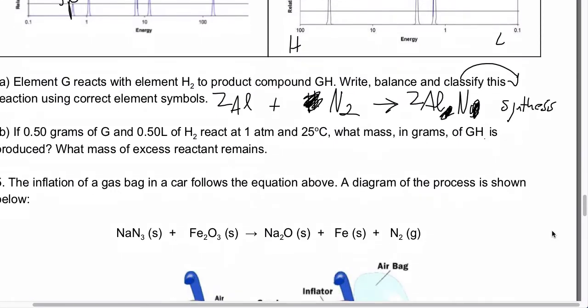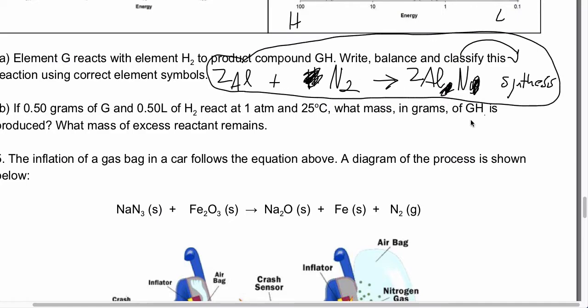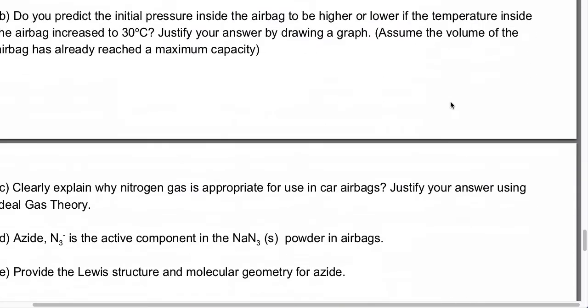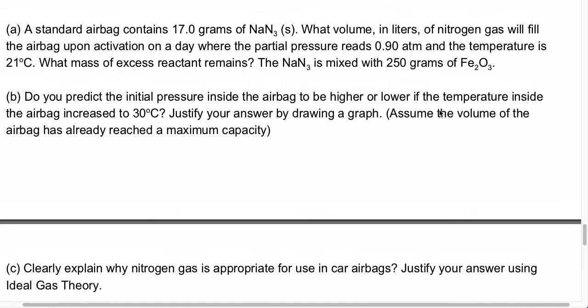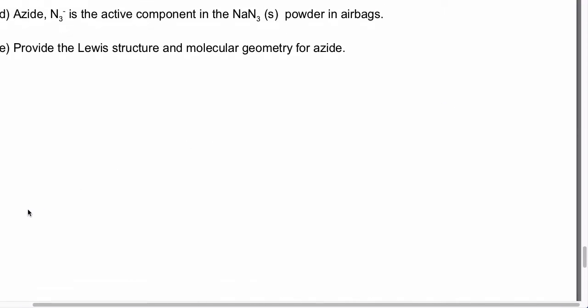Okay, so now we're going to do an ice table for this. I really don't have enough room here. So 0.5 grams and 0.5 liters of that are going to react. So what we're going to do is I'm going to go find another area to do that table. I'm going to say C somewhere else.